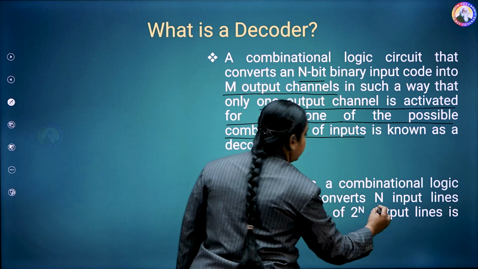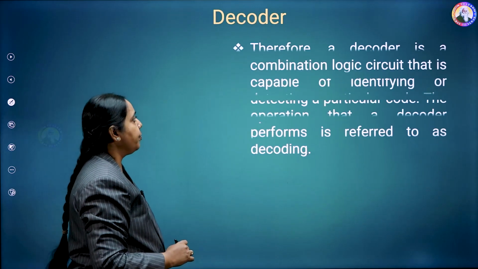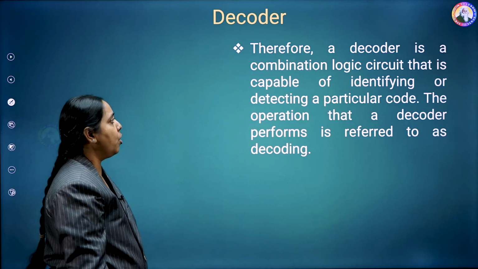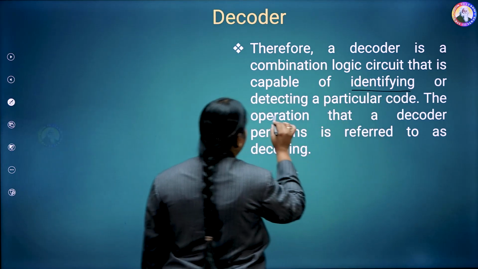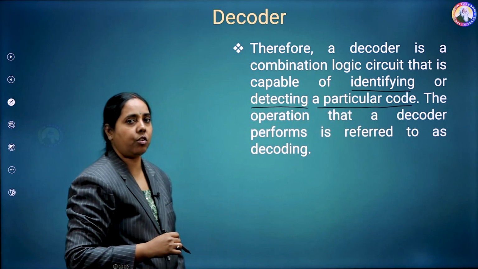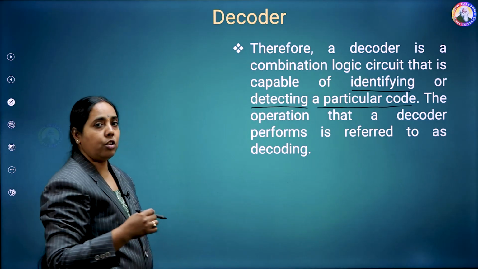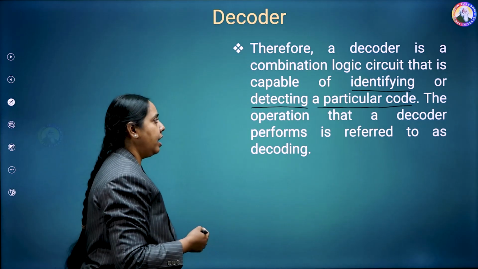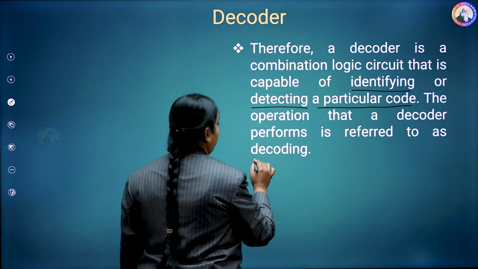Therefore, a decoder is a combinational logic circuit capable of identifying or detecting a particular code. The main function of a decoder is to identify and detect a particular code, and also to convert the n inputs into 2 power n outputs, and this operation of the decoder is referred to as decoding.